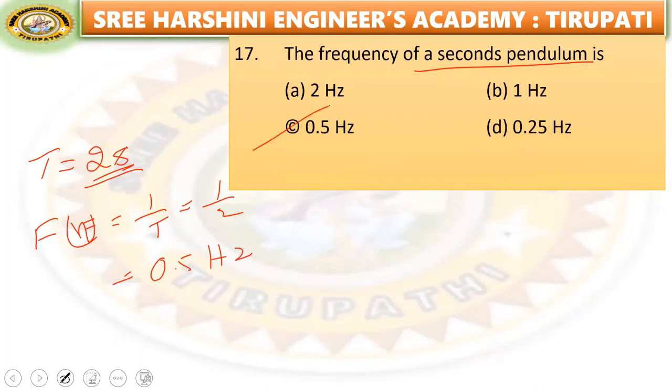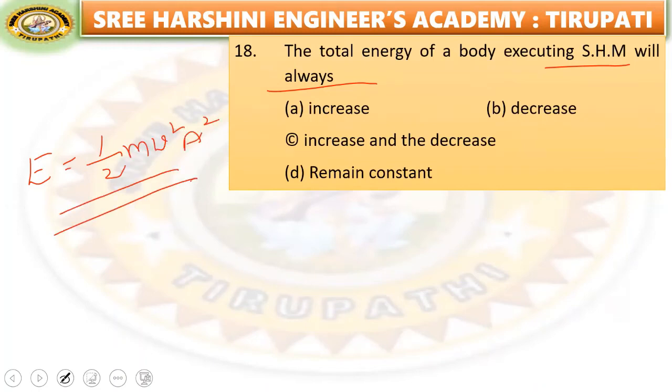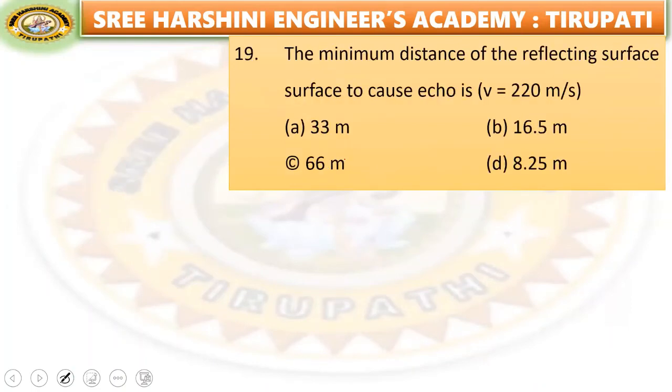C is the right answer. The total energy of a body executing SHM is equal to half m omega square a square, and it will always remain constant. So D is the right answer.